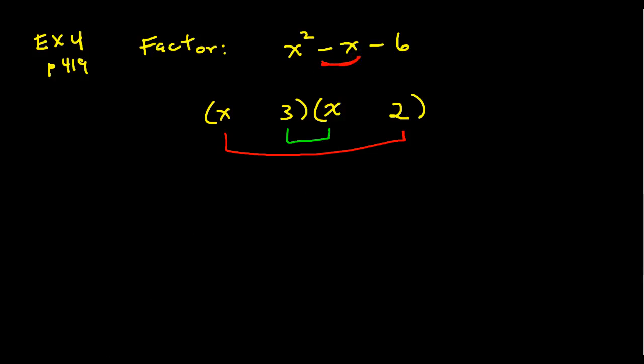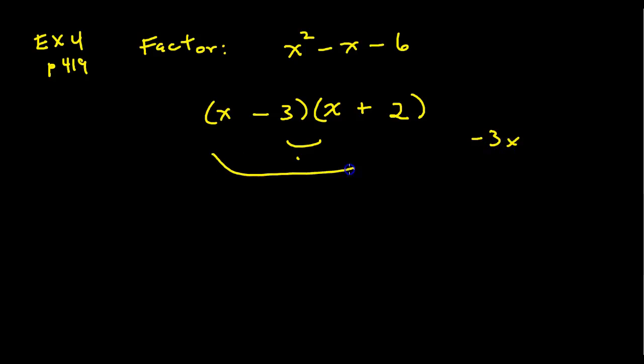All right. Let's try it. If the 3 gets a negative and the 2 gets a positive, let's see. The inner product, minus 3x, and the outer product, plus 2x, indeed add up to a negative x, and that's what I need in that second slot.